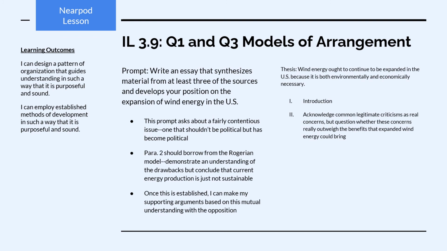The second paragraph, here I prime the audience by acknowledging the common legitimate criticisms, not the crazy conspiracy theory criticisms, but the legitimate criticisms. I want to acknowledge them as real concerns, but then ultimately question whether these concerns really outweigh the benefits that expanded wind energy could bring. So really acknowledge, yes, I know it poses a danger to some species of birds.